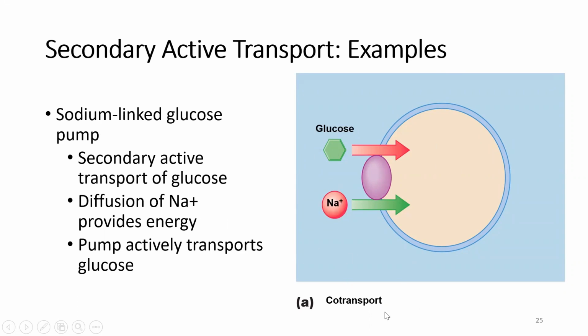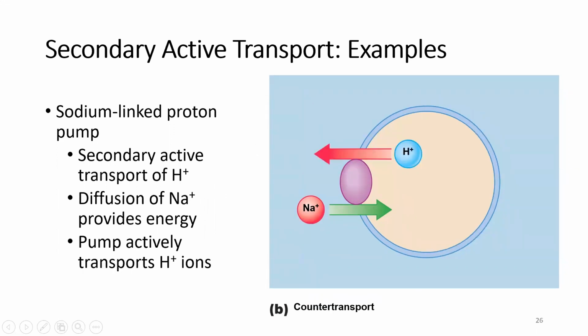This is also referred to as co-transport because both particles, both molecules, are moving in the same direction. One is liberating energy for the other one to move. Another example here is the sodium-linked proton pump. This one is sometimes called counter transport simply because the particles are moving in opposite directions, but the same principle applies.